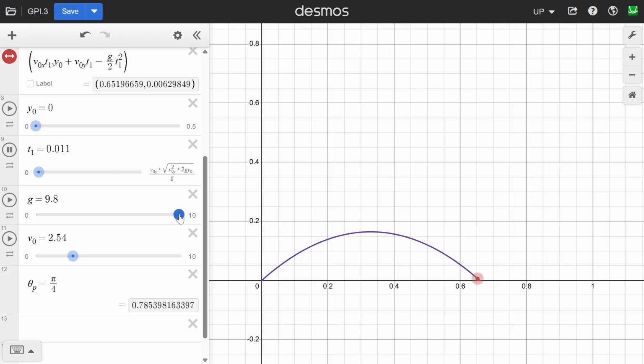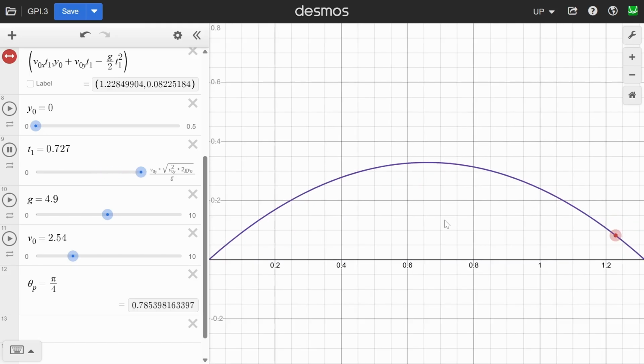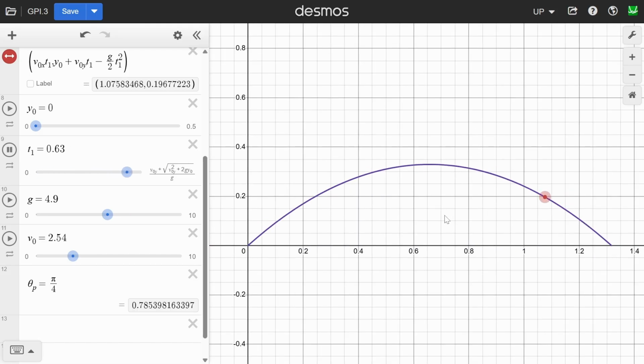Therefore, if you increase the gravitational acceleration, the range will shorten. If you actually increase this, you can see there are some changes, but if you shoot this, for example, at the moon, you can see that the range would go further and further. Even though I didn't change the theta, this will always be the maximum no matter in what gravitational acceleration you are in.